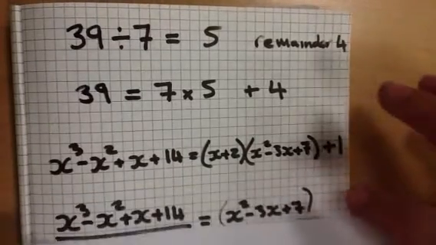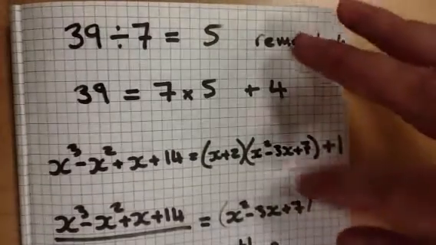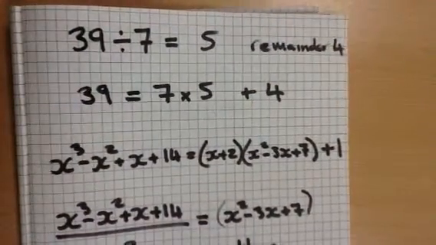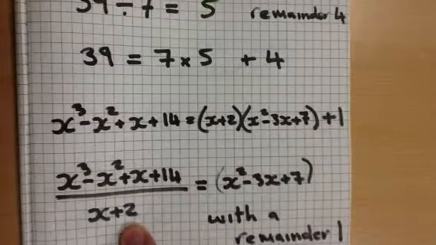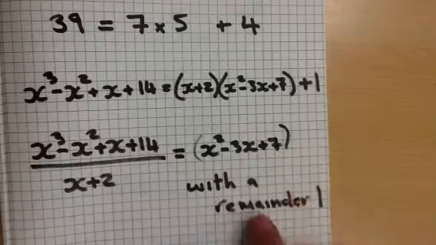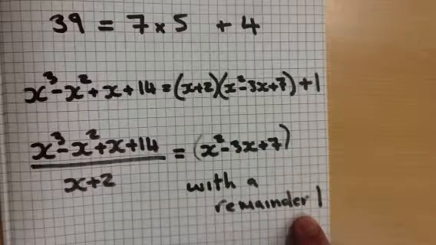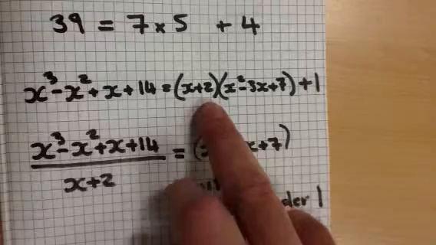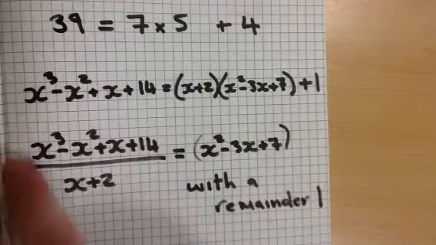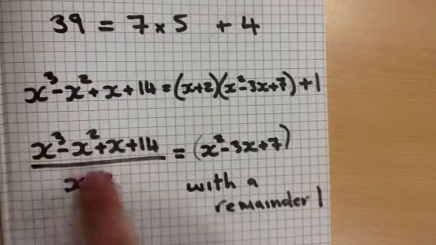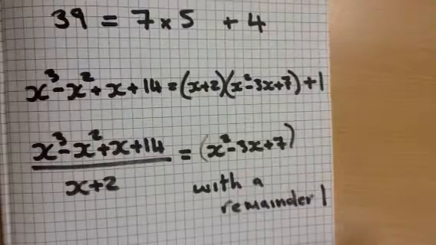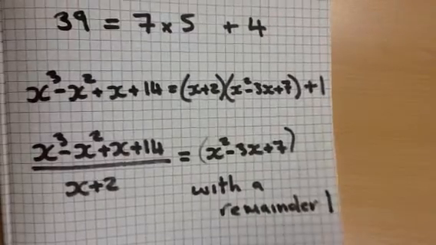So if we were to find the analogy to this first instance, if I've got the cubic expression divided by x plus 2, then it's going to equal this quadratic expression with remainder 1. So when we've taken this factor out, the thing that's left over is the remainder of the original function being divided by that factor. And we're going to use that to try and derive something called the remainder theorem.